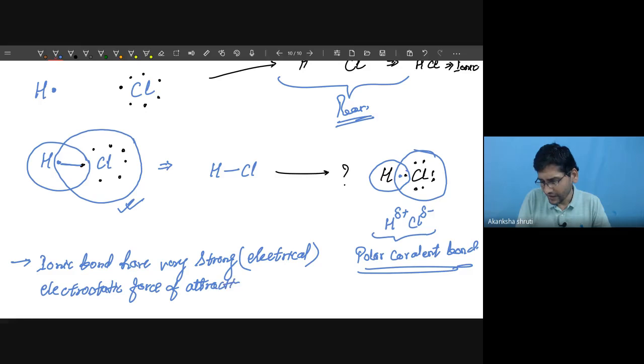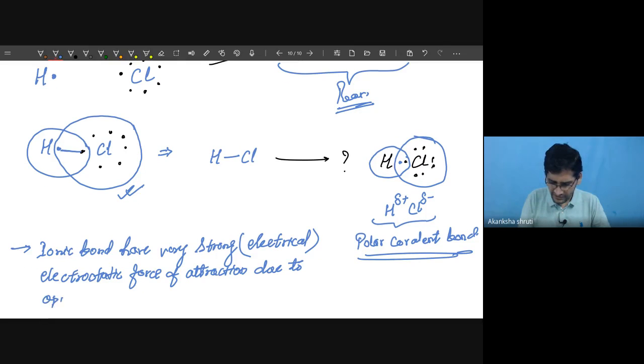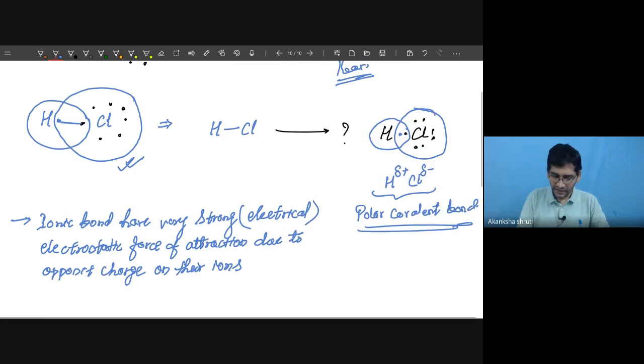Why? Due to the opposite charge on their ions. Therefore, ionic bonds are stronger than covalent bonds.